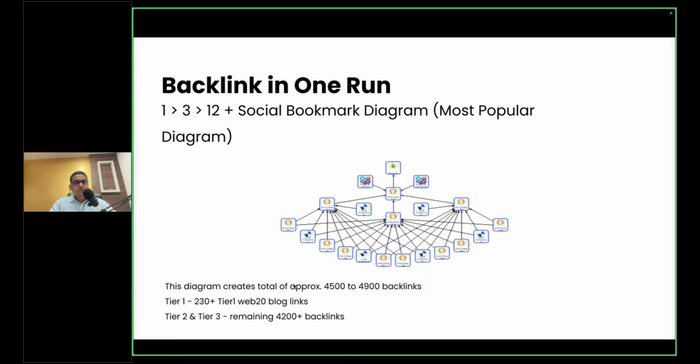So that's one thing. Tier 2 and tier 3, there are 4200 plus backlinks created. And I tell you one thing, if you have a quad core or 4 vCPU sort of a standard computer, this diagram can be completed maybe in less than one day.